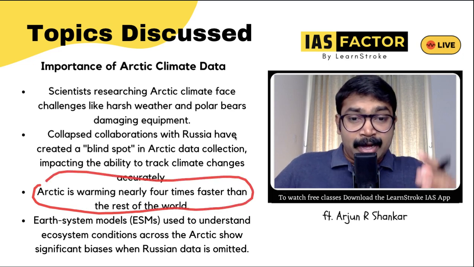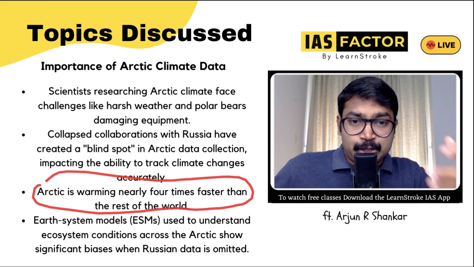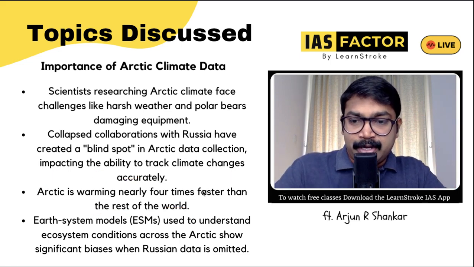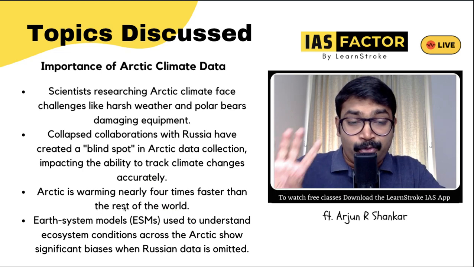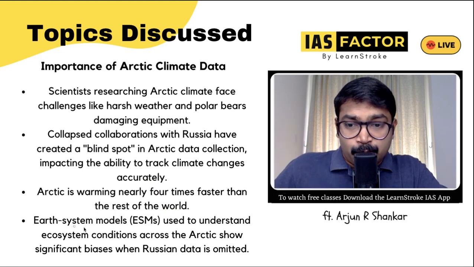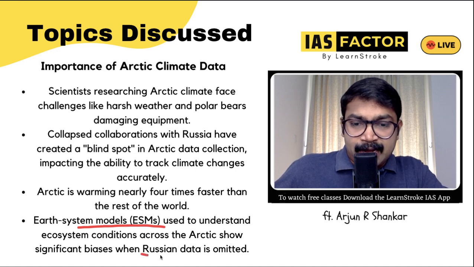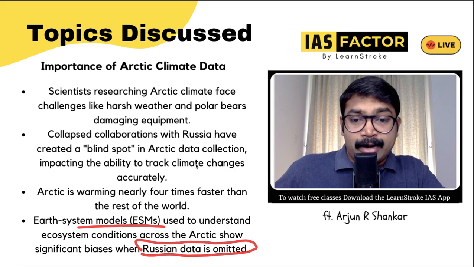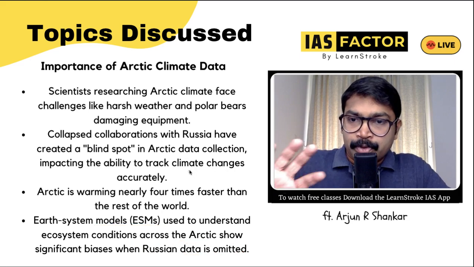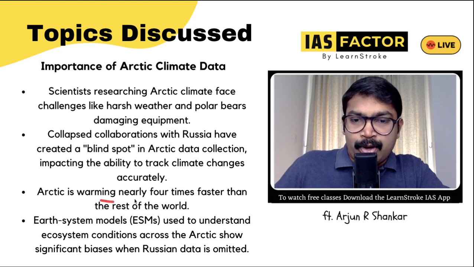The Arctic is warming nearly 4 times faster than the rest of the world. So definitely global warming has been discussed. 4 times it is warming. So Earth system models used to understand ecological systems in the Arctic show that Russian data is omitted. That is a very negative thing for the data collection. Russia has backed out. So definitely understand this 4 times warming statistic.